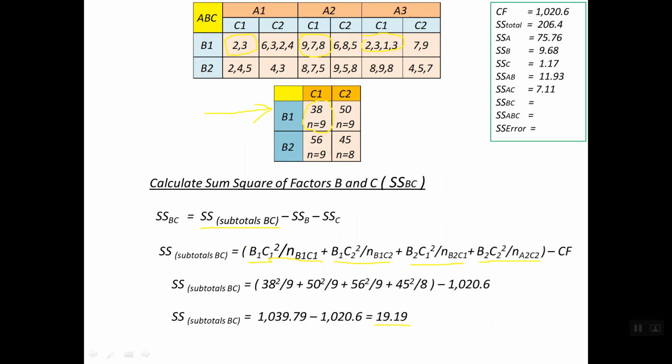This is the value of the SS for the subtotals between B and C. So now we can simply find the value for the SS for BC. This is the SS for the subtotals, this is the SS for factor B, and this is the SS for factor C. And this is the final value for SS for BC.